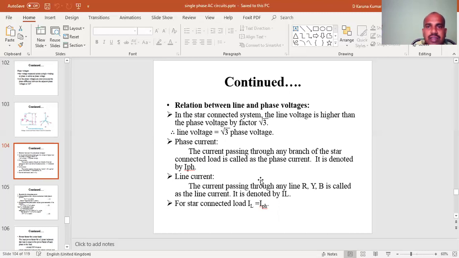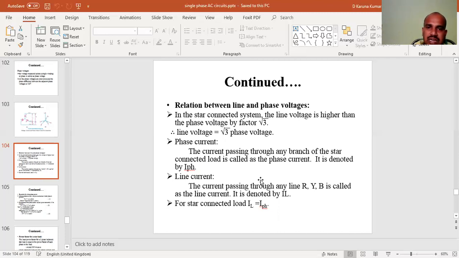In the star connection, the line voltage is higher than the phase voltage by a factor of root 3. So VL equals root 3 times the phase voltage in star. In star connection, the current passing through any branch is called the phase current, denoted by I phase.